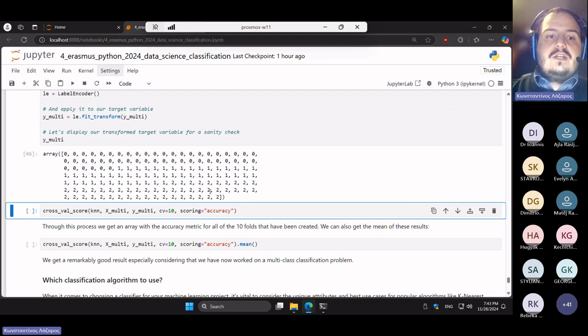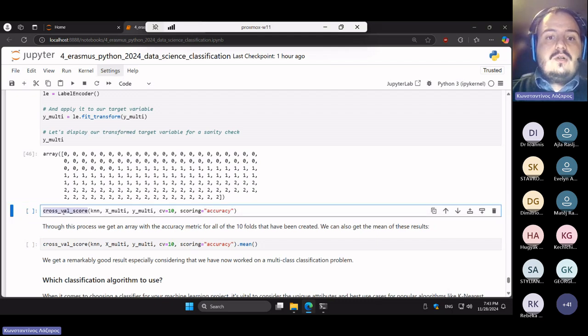And then, of course, we can use this function, which is called cross_val_score, in order to run cross-validation. There are many different functions to run cross-validation through sklearn. One of them is cross_validate. The reason why I really like this one is that you can set many different scoring schemes through there.